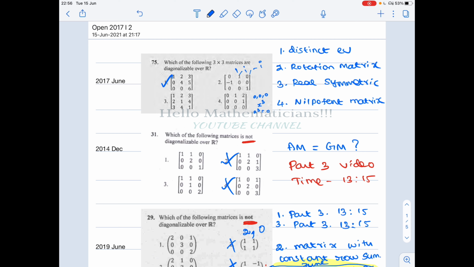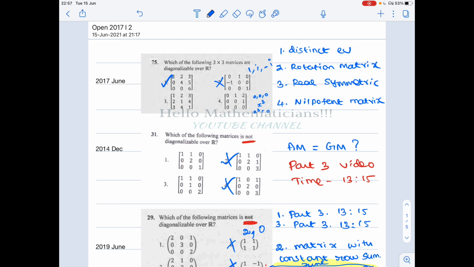In our first video, the part 1 video, please check it, we proved that to diagonalize a matrix over the field F, all its eigenvalues should be in F itself. In particular, to diagonalize a matrix over R, its eigenvalues should be real. But this matrix has complex eigenvalues, 1, i, minus i. Therefore, this matrix is not diagonalizable over R.